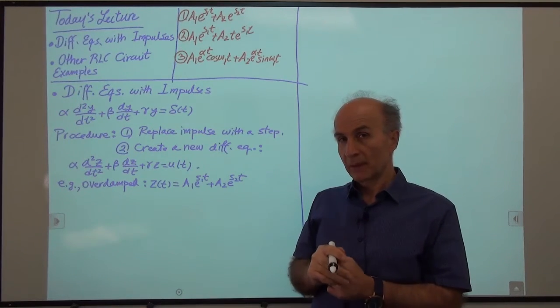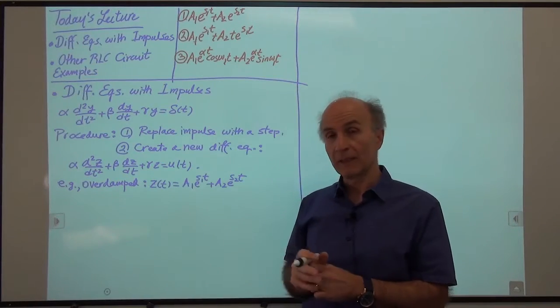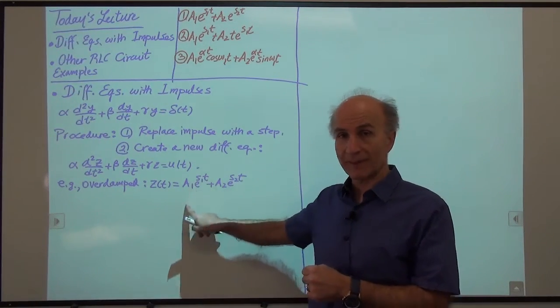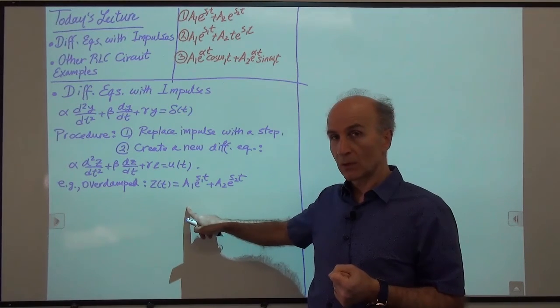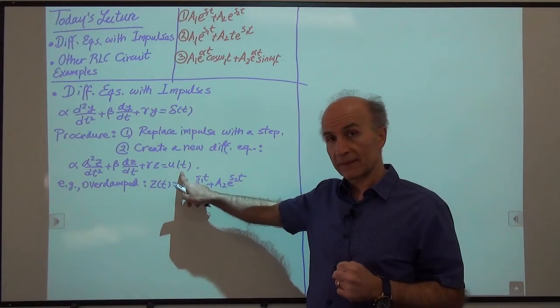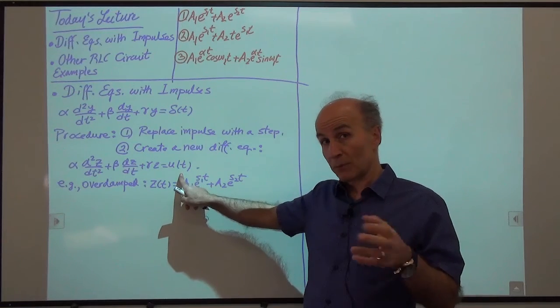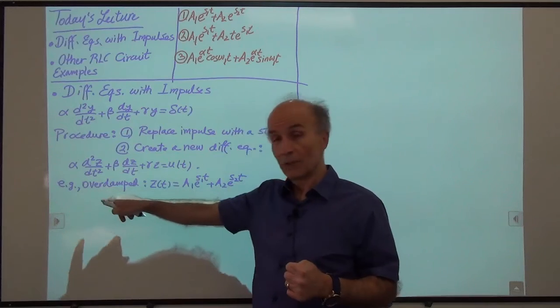Not quite. Let's think about what happens to z at time infinity. At time infinity, these are 0 because we know that these exponentials decay for our RLC circuits. But this equation does not necessarily say that. So at time infinity, z of t is presumably constant. If it's constant, this derivative is 0.